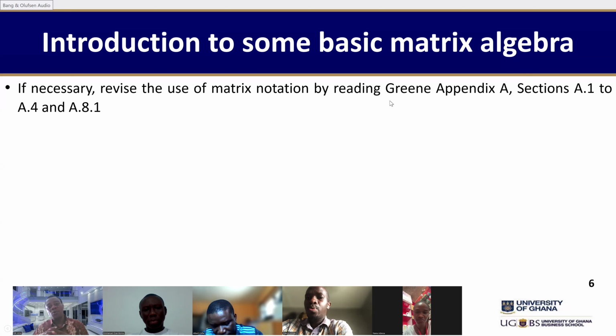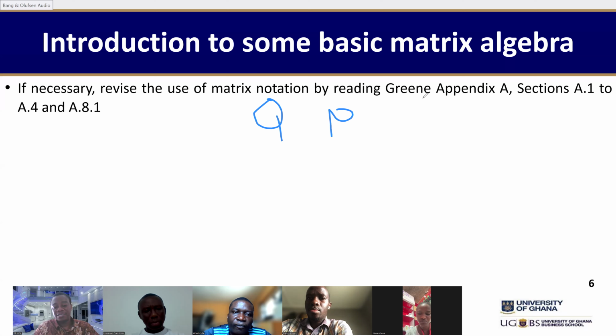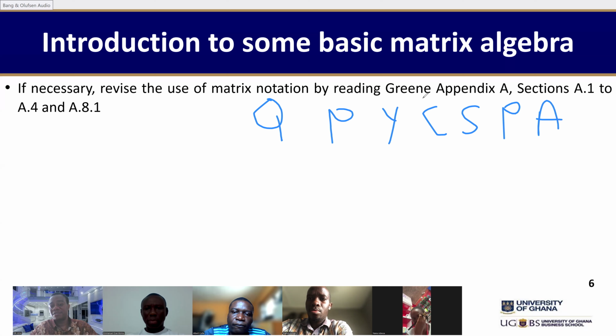And you are going to learn why we use matrices, because matrices can compress so many things you would have written. For example, suppose you have a data set made up of the quantity demanded of a commodity, which is a function of price, income, complement price and substitute price, population, and advert.